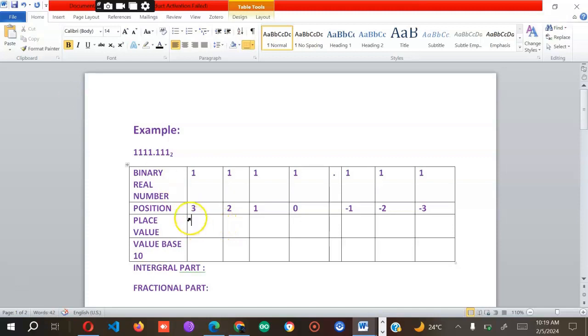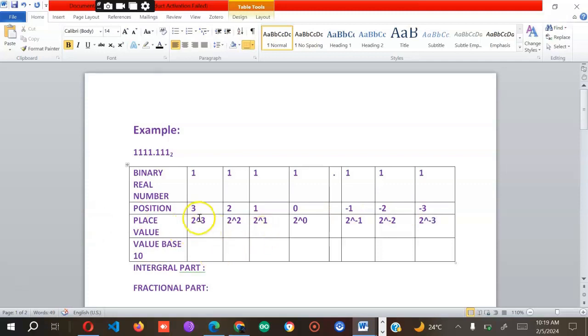Then the place value of this one is supposed to be 2 raised to power 3, while this is a 2 raised to power 2, and 2 raised to power 1, 2 raised to power 0. Then after the point, we have 2 raised to power -1, 2 raised to power -2, and lastly 2 raised to power -3.